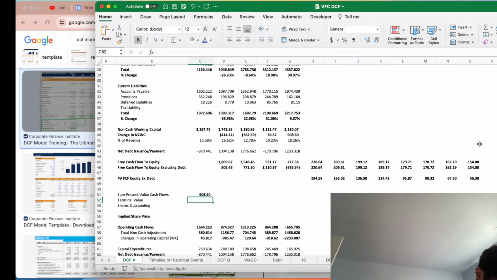Terminal value reflects the value of the firm at that point. So terminal value is the value of the firm after the growth period, the DCF period.